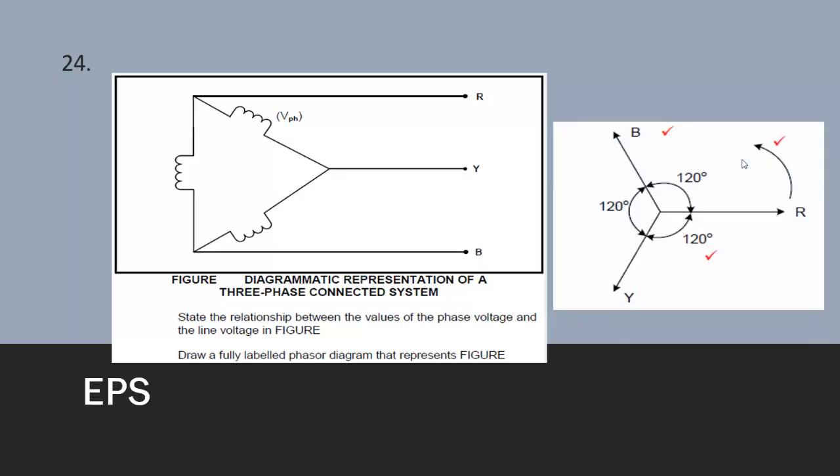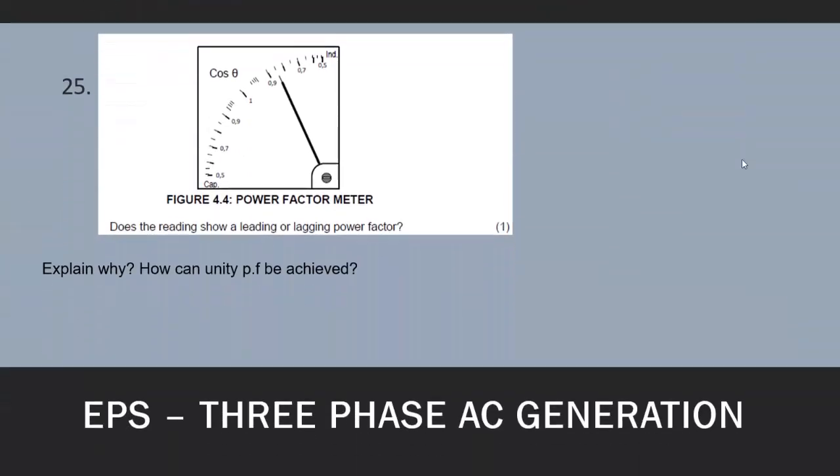Right, so this is the phasor diagram that represents three-phase, and that system that you see on the left is three-phase. Remember to include all the labels and the direction of rotation.